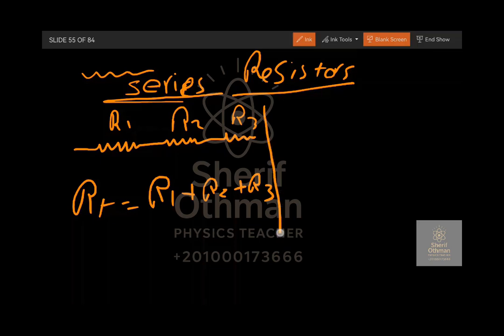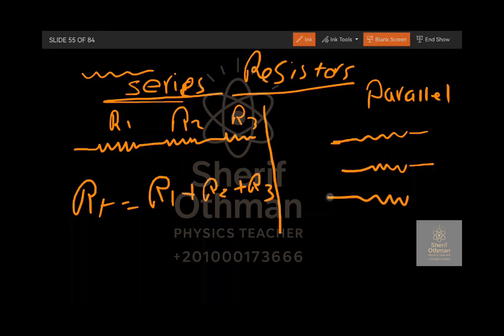While for a parallel connection, as we said, we connect each side together, then insert them into the circuit. So here is resistor 1 with its two terminals, here is resistor 2, and here is resistor 3.